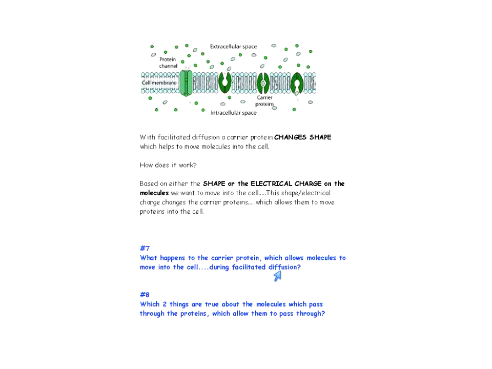Alright, so just a question then. What happens to the carrier protein which allows molecules to move into the cell during facilitated diffusion? What is it that changes about that protein?